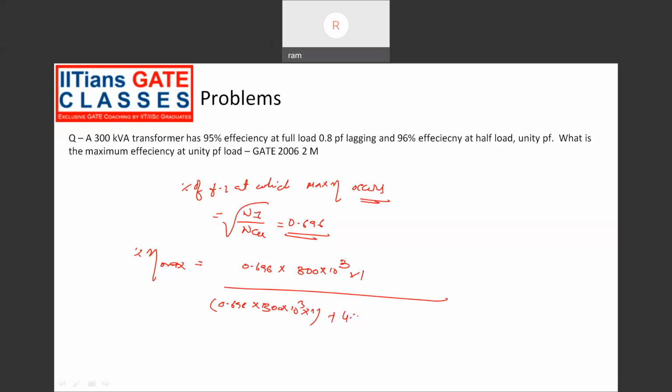That is 4.1 kilowatt plus the copper losses, which become 0.696 square times the earlier copper losses, that is 0.48 into 8.5 kilowatt, into 100. So if you solve this expression, we will get 96.2 percent.